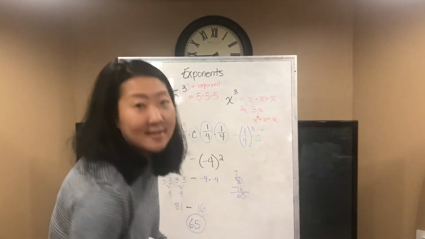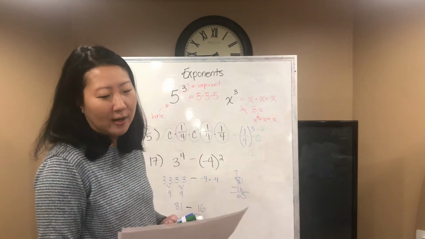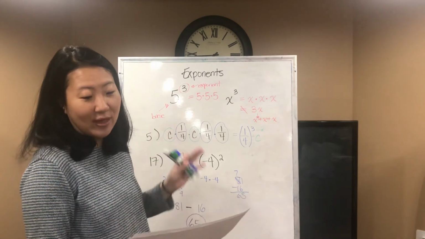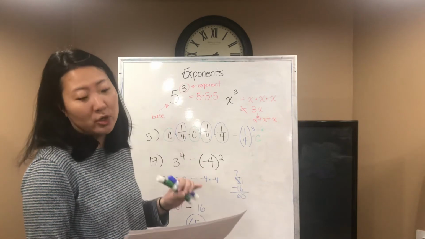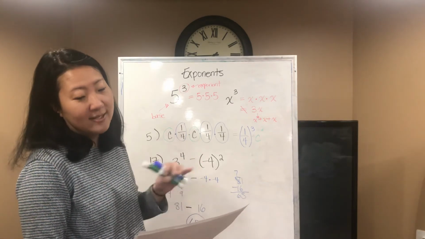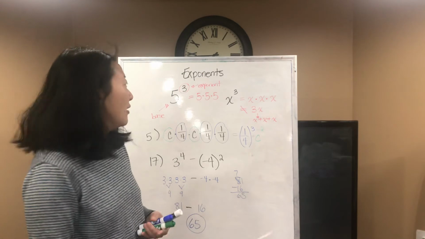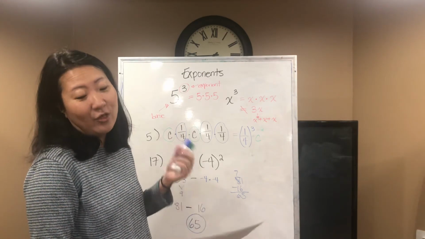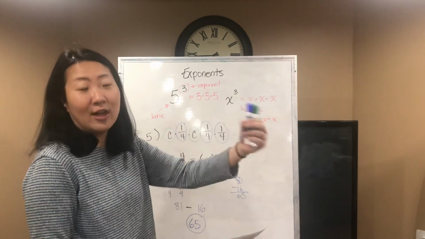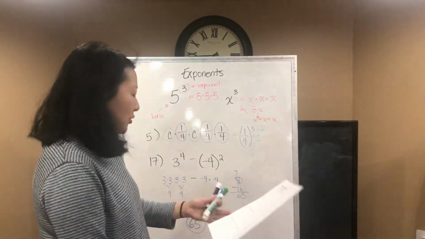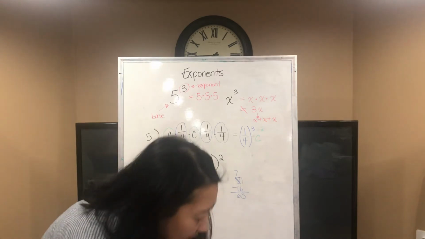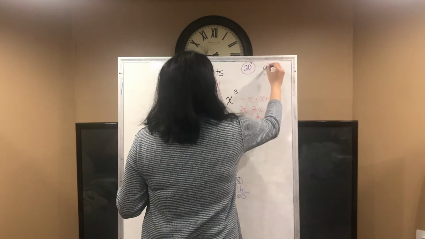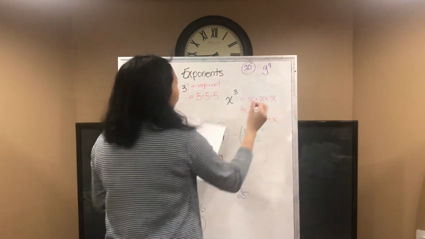And then the very last set of problems on this page ask you to evaluate the expression, and then they're giving you numbers for G and H. So of course, when you're evaluating an algebraic expression, you're plugging in the number for the letter that they're giving you. So for example, for number 20, it says G to the 4th, but then they tell you that G is equal to 2.